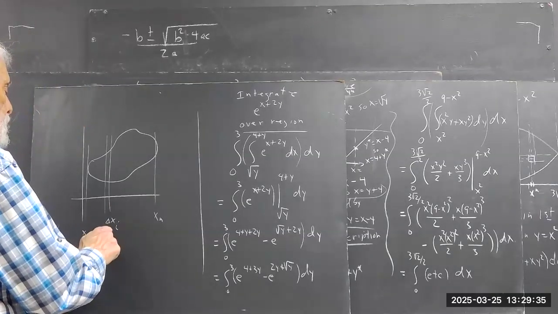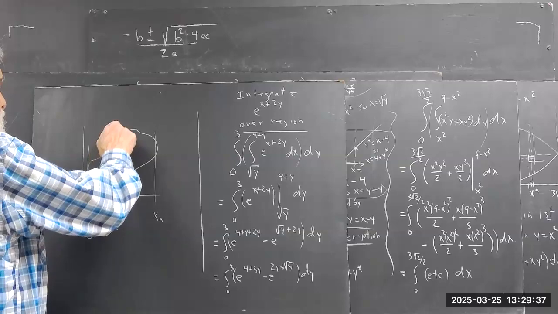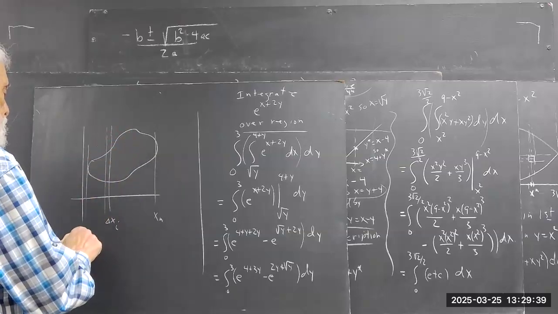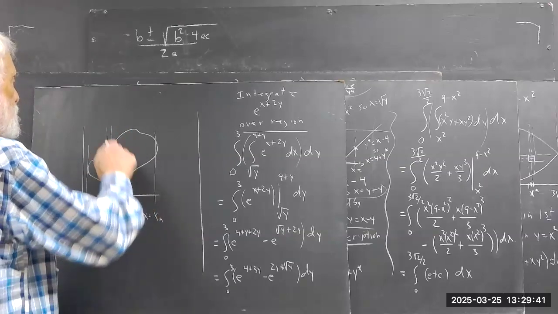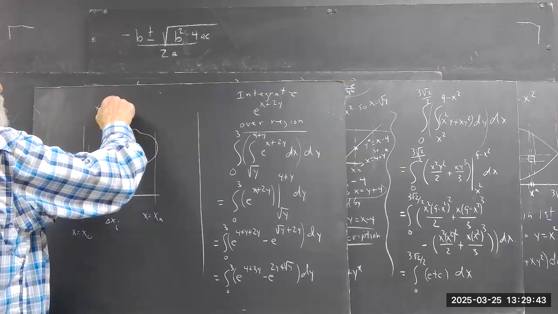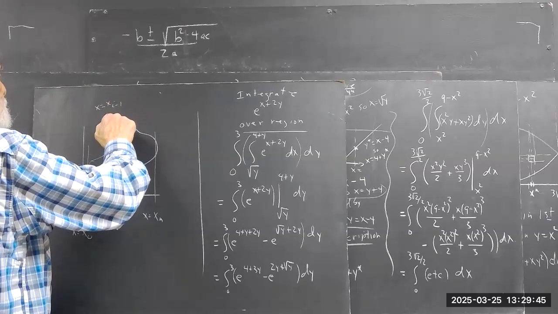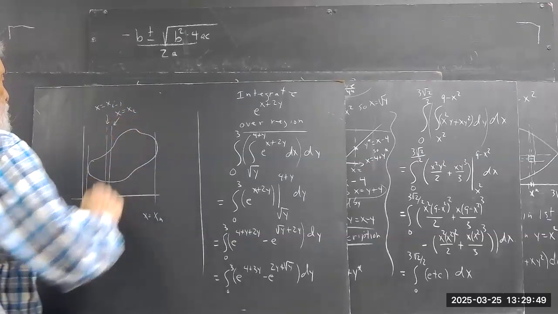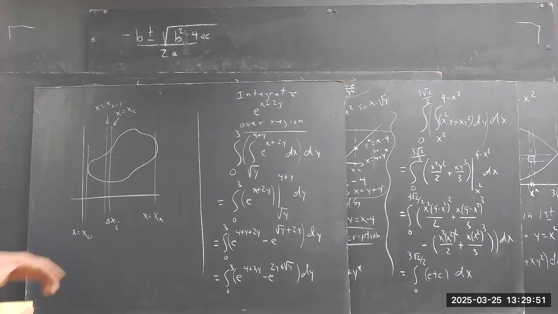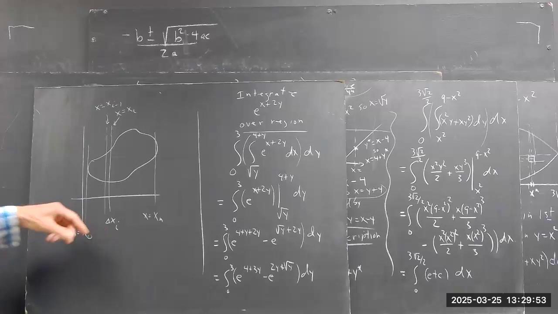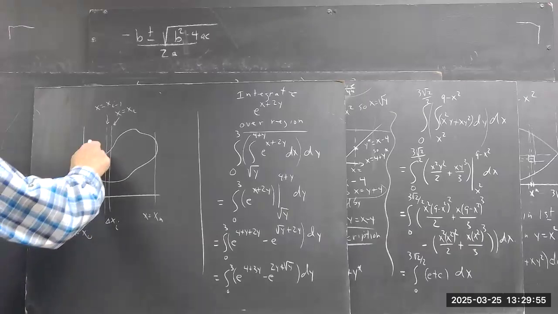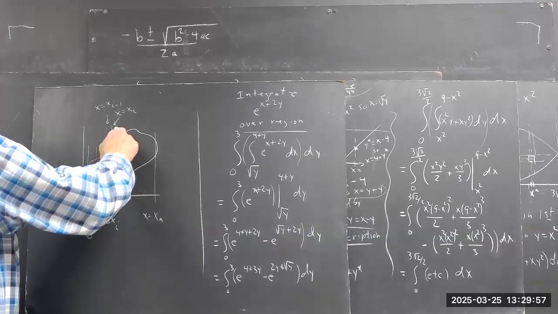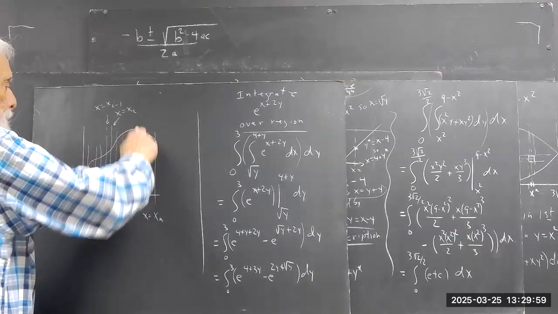By the delta x sub i interval, I mean we chop this up into a bunch of vertical strips.